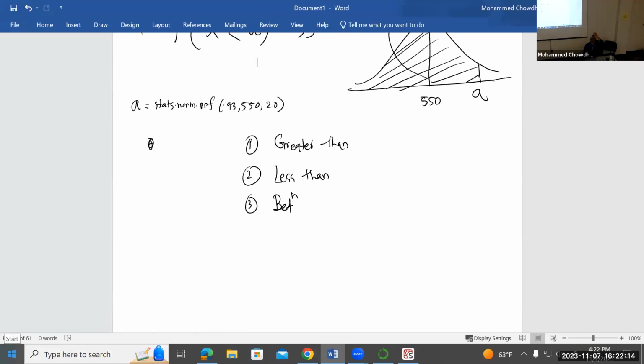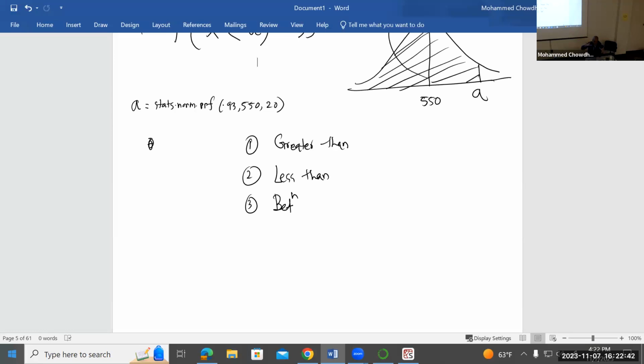If you want to classify normal distribution problems, there are altogether two types: straight problem and inverse problem. Straight problem means finding probability or percentage.